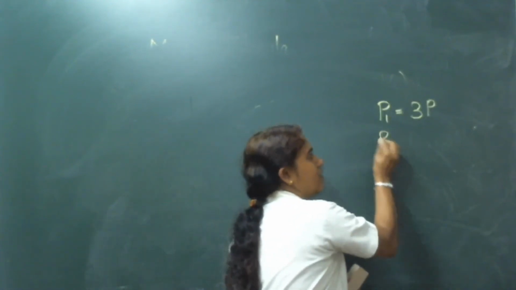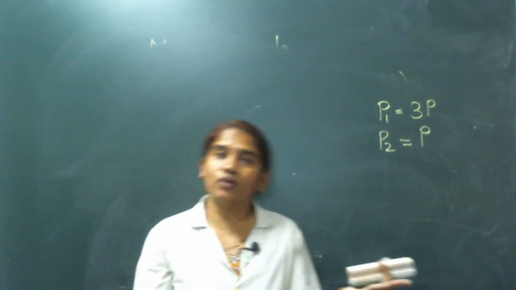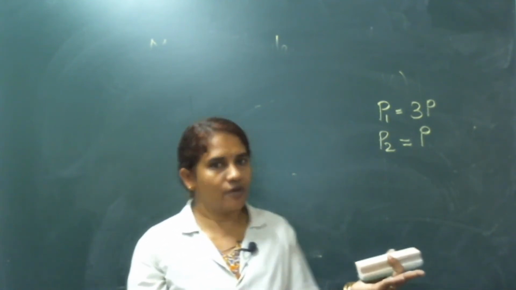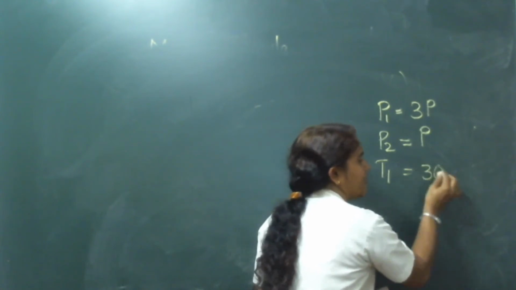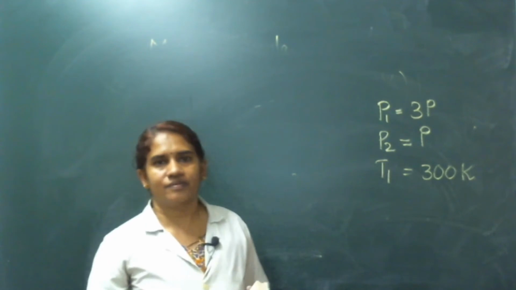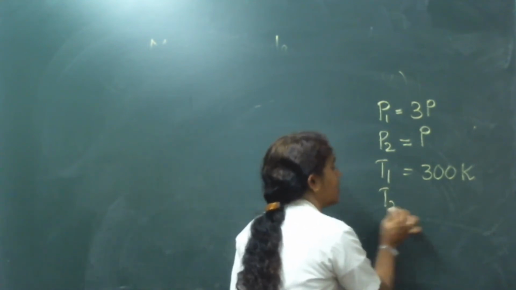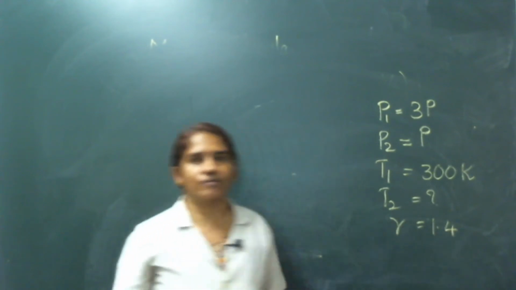After bursting, because it is open, the pressure equals atmospheric pressure. The initial temperature is 27 plus 273, that means 300 Kelvin. We are asked to calculate the final temperature if the value of gamma is 1.4.